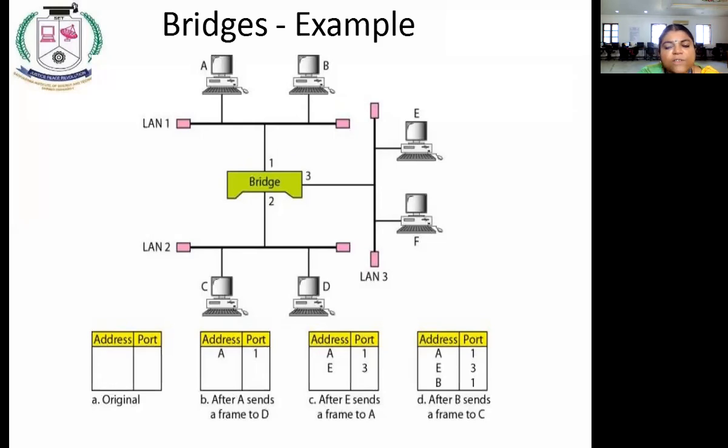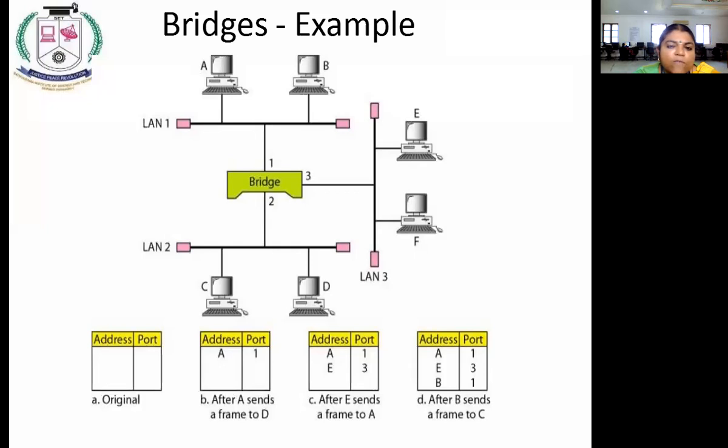In this diagram, we have LAN 1, LAN 2, and LAN 3. LAN 1 has two devices, A and B. LAN 2 has two devices, C and D, and LAN 3 has the two devices E and F. Let us take that initially the table is empty. A frame is coming from LAN 1 to port 1.